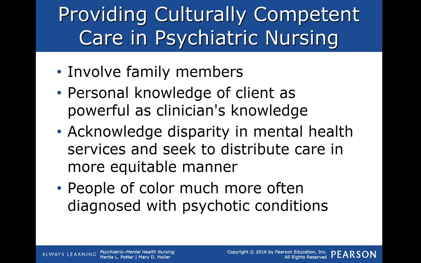So we have to understand that and be able to provide that care. Again, I said the DSM-5 includes culturally bound syndromes. Those are addressed in the DSM-5. They are found among different cultural groups, and we have to consider that with caution because we don't want to stereotype. Just because it's listed here doesn't necessarily mean that all blacks are going to be this way, all Asians are going to be this way.